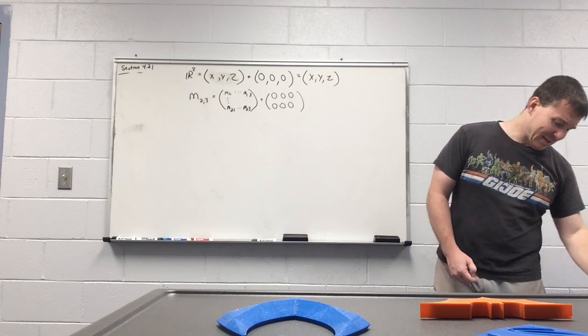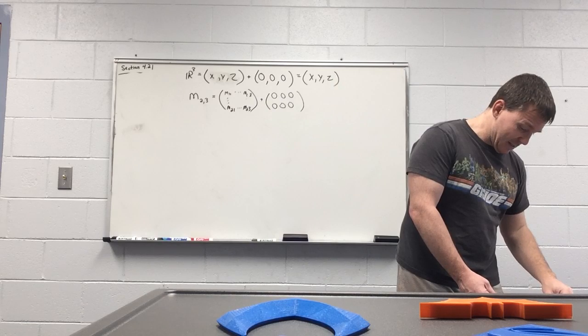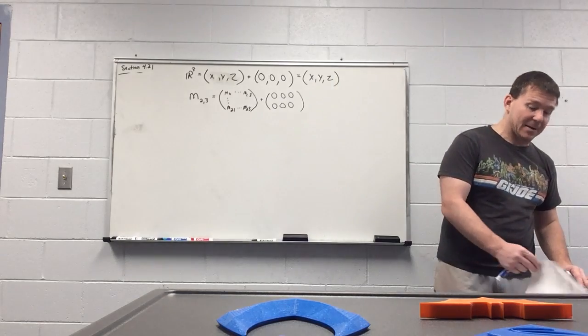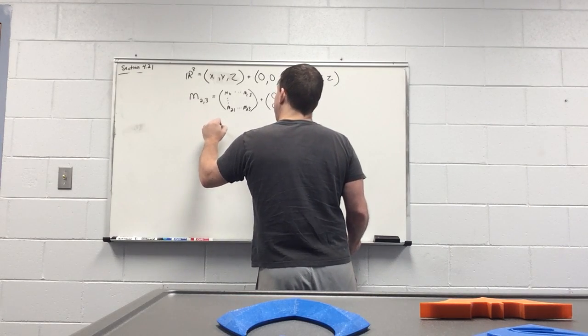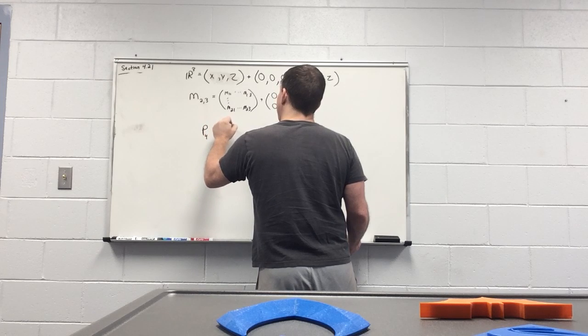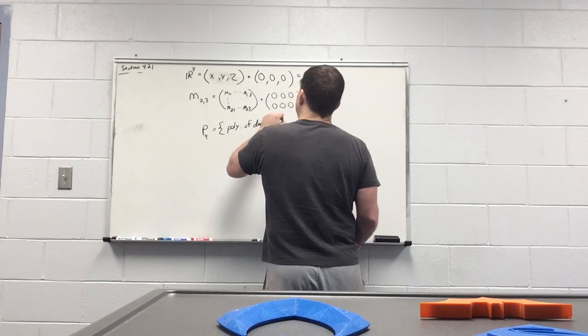P4, and just so we're clear with the book's notation, P subscript n is the set of all polynomials of degree less than or equal to n. So, P4 is equal to the set of all polynomials of degree less than or equal to 4.